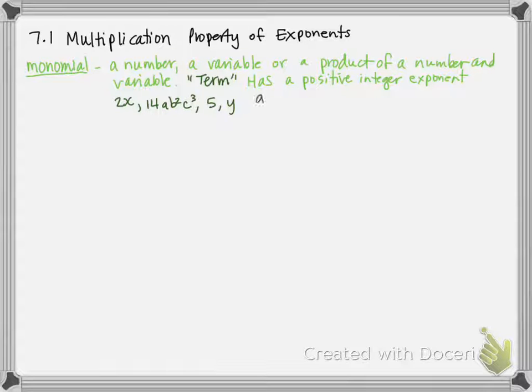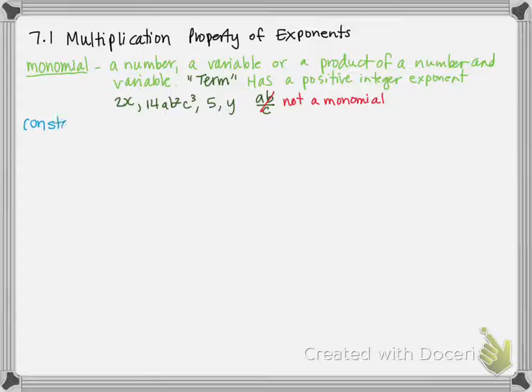However, a, b over c is not a monomial, because it's the product of a number and a variable, not a quotient.